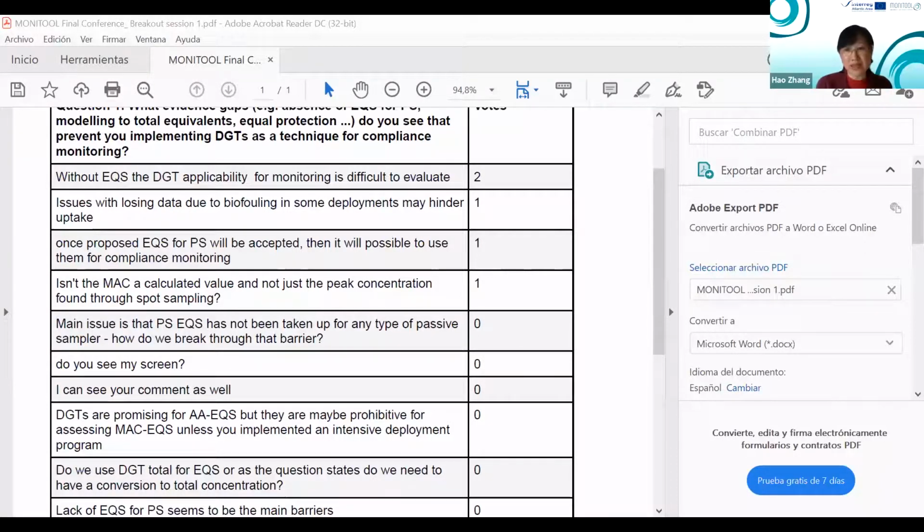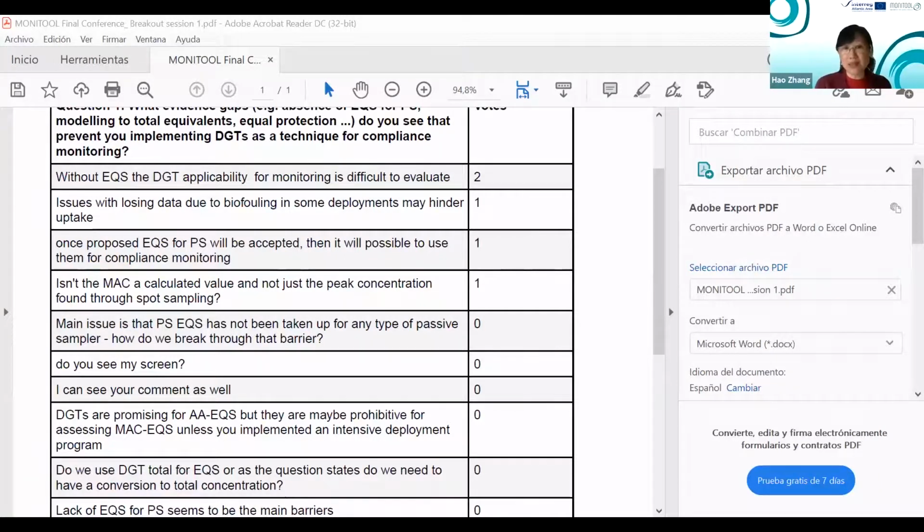The major key step is to convince the policymaker to accept the EQS for passive samplers, or adopt the existing EQS but make the DGT measurement or other passive sampler measurement equivalent to total dissolved.